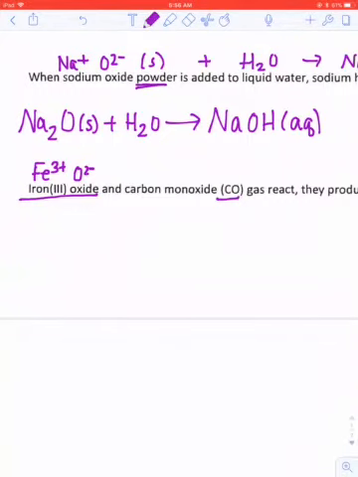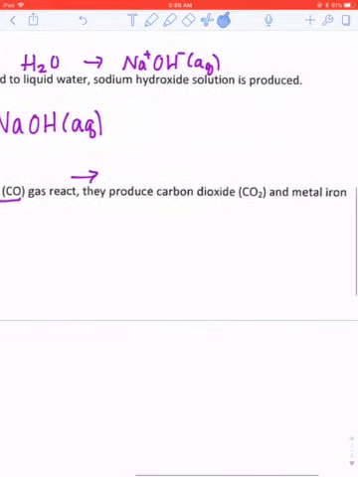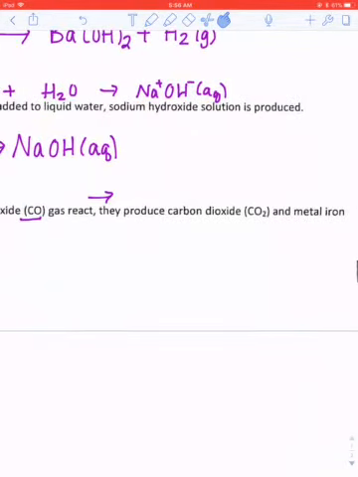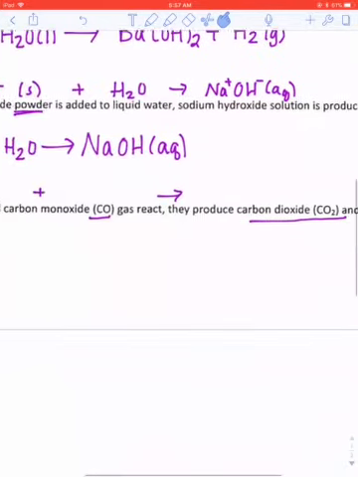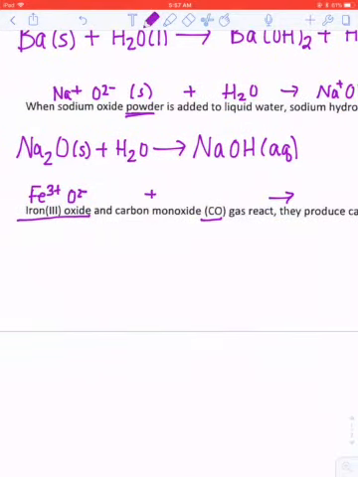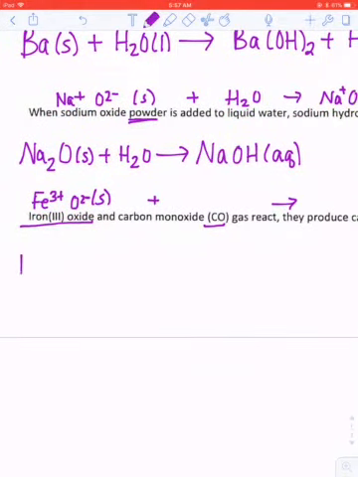When they react, so they're added together, they produce carbon dioxide gas, which it tells us right here, and metal iron. So my guess, since it doesn't tell us, is that this is a solid. A solid reacting with a gas is going to make another solid, but who knows? I could be wrong.